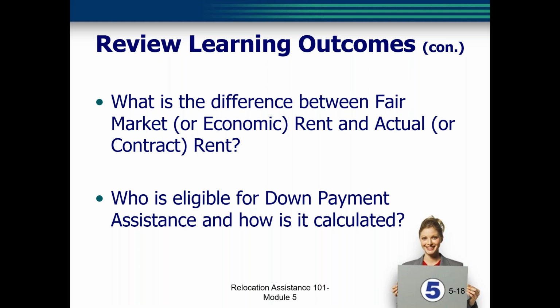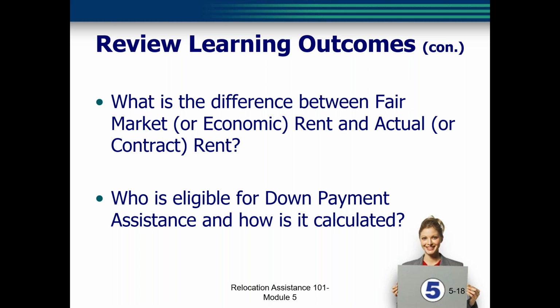Okay. To determine the rental assistance offer, you're going to then subtract that base rent of the subject from the base rent of the prime comparable, and then you're going to multiply it by 42 months. Now this gives you the displacee's rental assistance entitlement offer.